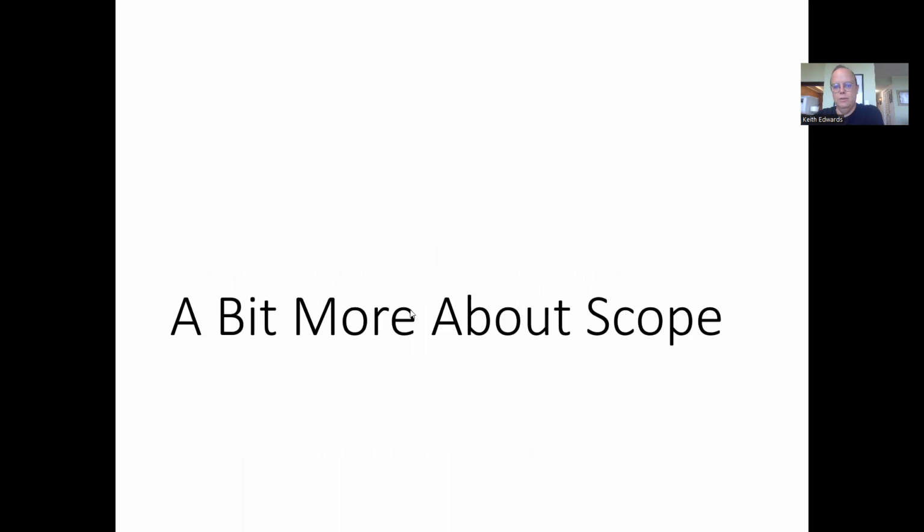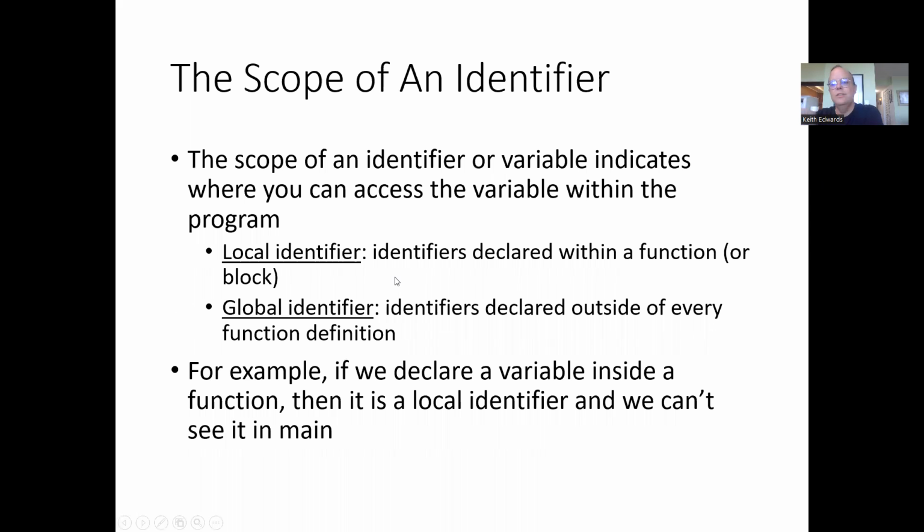So a bit more about scope. When we declare things inside of a function, that variable is a local identifier, and so it's a local variable only within the function. If we declare something outside of every function definition, we get a global identifier or a global variable.